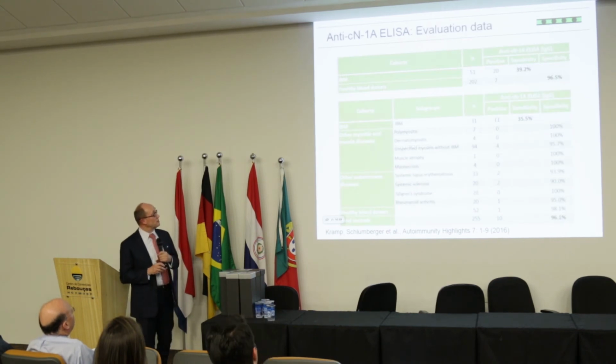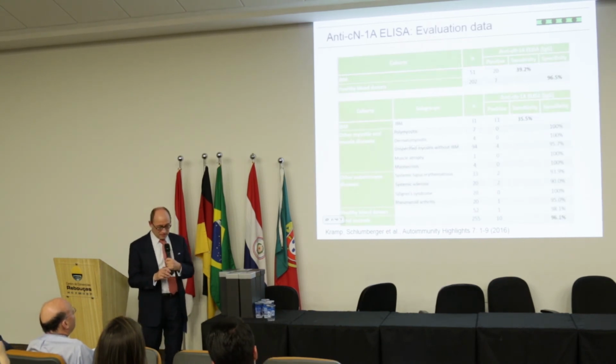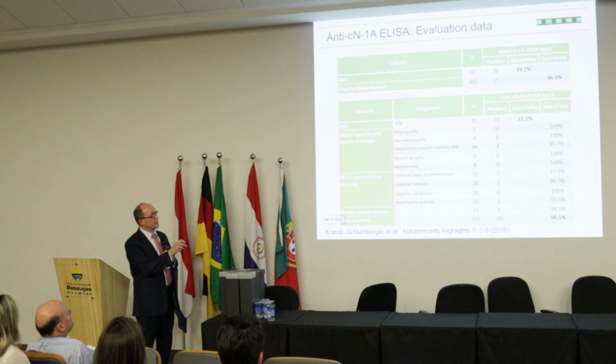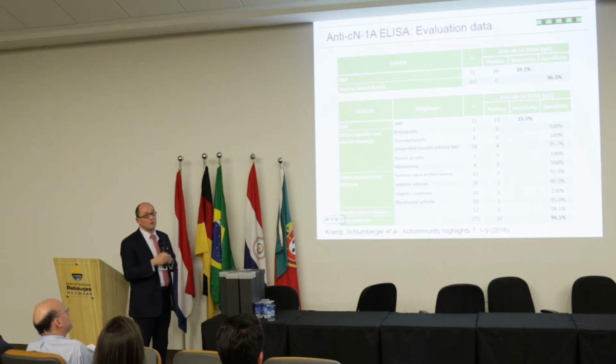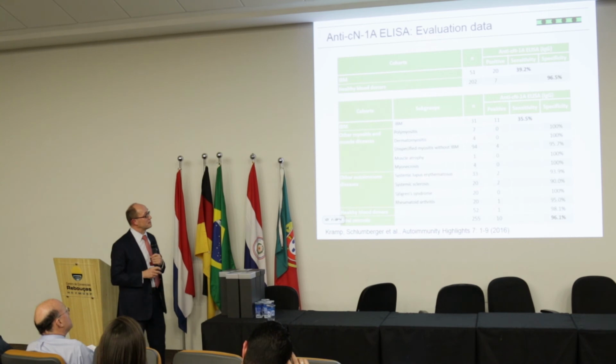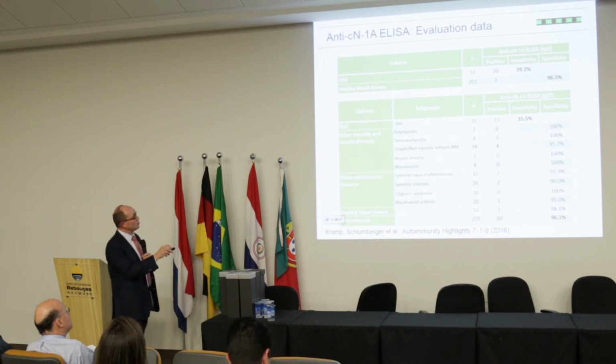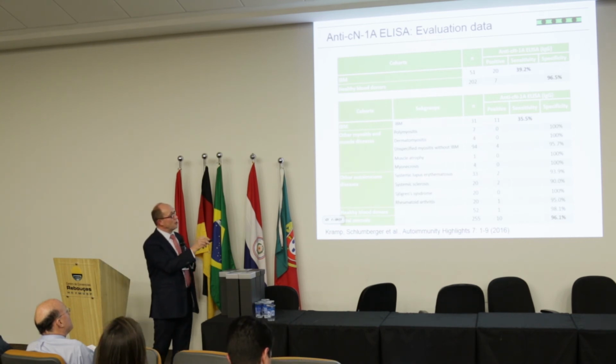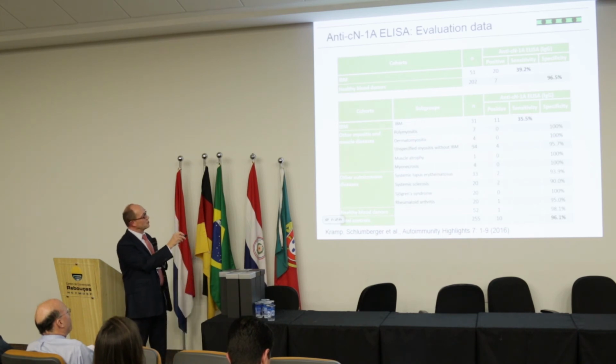I just show you here the study results. One cohort was from Pruijn in the Netherlands, who first identified that marker more or less at the same time as Greenberg in the United States. In his laboratory we had a sensitivity or prevalence of antibodies of 39%. Specificity was only checked with healthy blood donors, 96%.